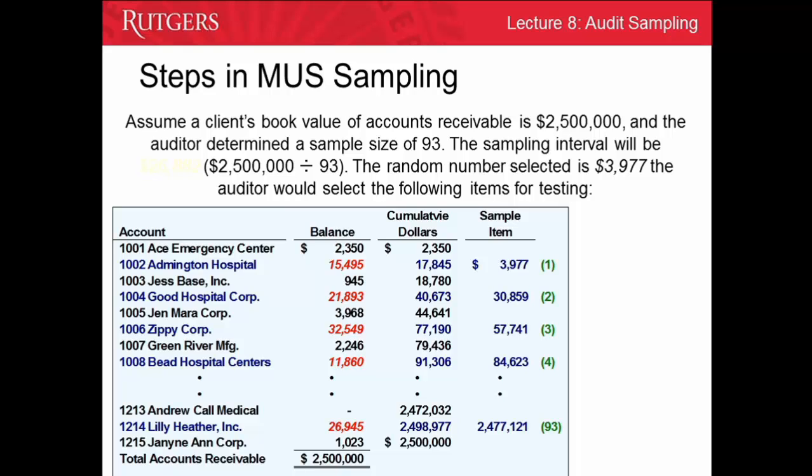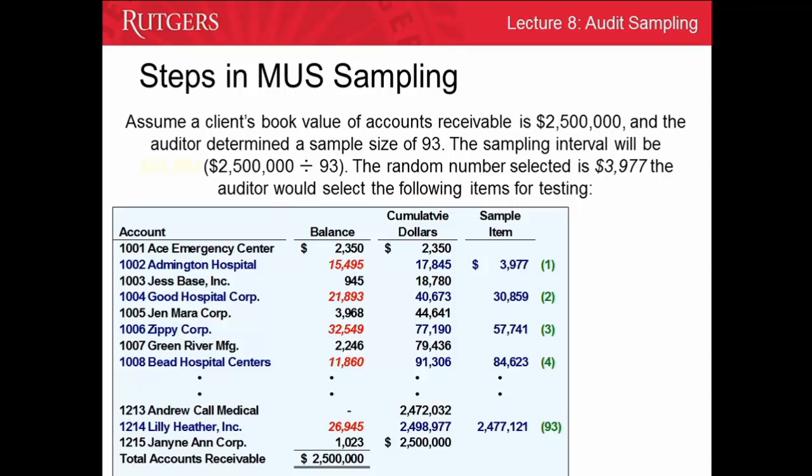And then the auditor adds the sampling interval, either manually or with the aid of a computer program, through the population and selects each logical unit that contains the computed amount.